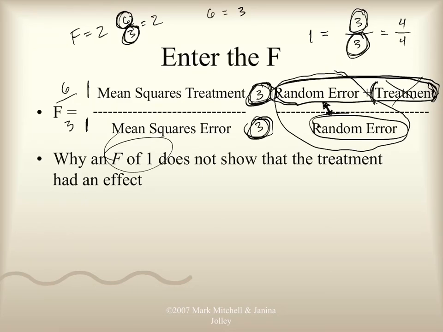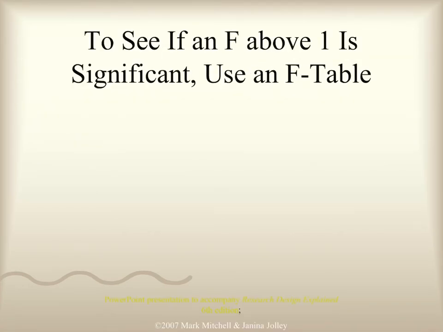So that 6 has to be equal to the random error that we see on the bottom plus variability due to the treatment, some other number. So we know, or we suspect, our treatment had an effect. So to see if the F is significantly above 1, what we do is we use an F table.